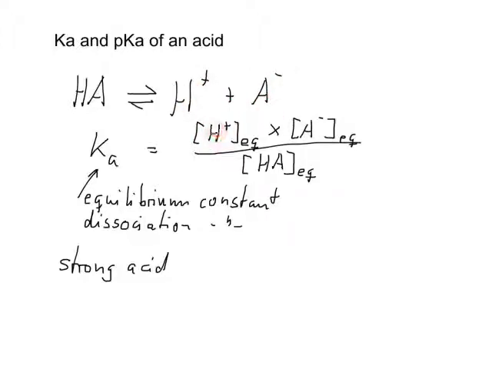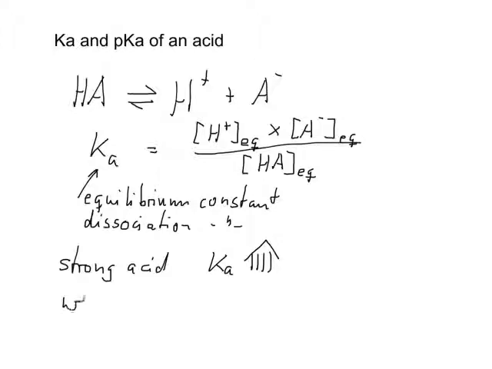So this is high, and what's left of the acid is pretty low. So we have something large divided by something small, and therefore we can say that the Ka of a strong acid is very large, and I indicate that with this symbol here.